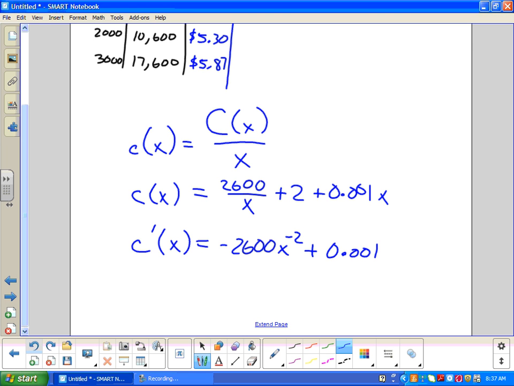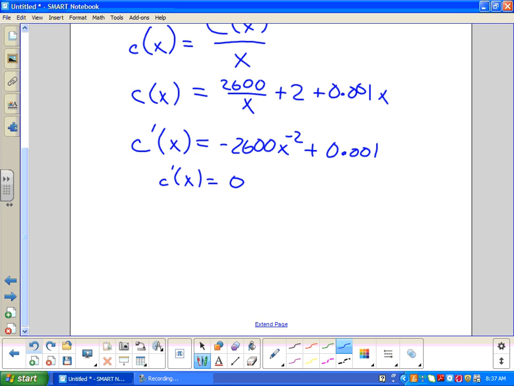Right? And if I want to minimize my cost here, I can set this whole derivative equal to 0. All right? And if I do this, I can say, okay, this here equals 0, right? So I can say 0.001 equals 2,600 over X squared.